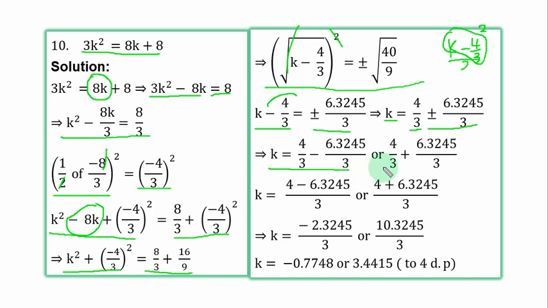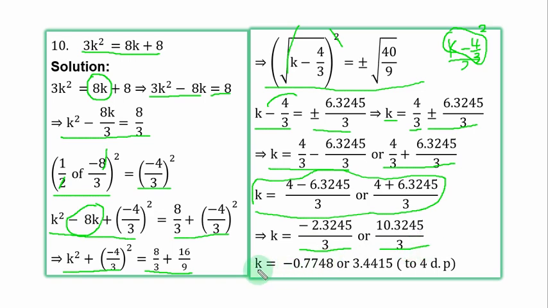Because of the plus or minus, you write that expression twice, using minus first and plus second. You have the same denominator. You take 1 and simplify the numerator in this form. When you subtract in the first form, you have this. If you add in the second, you have this. Next thing is to divide.